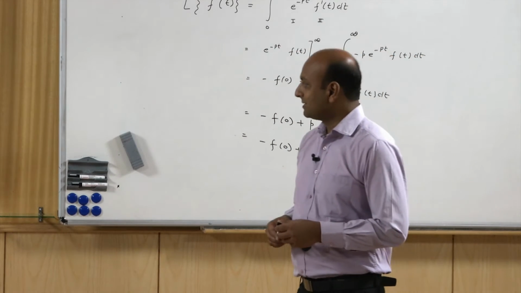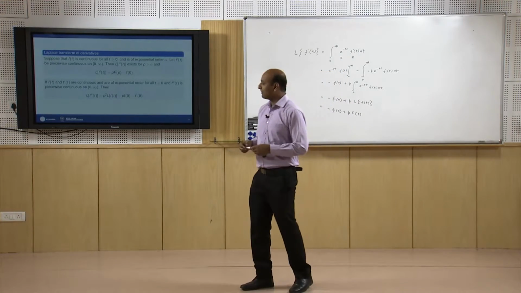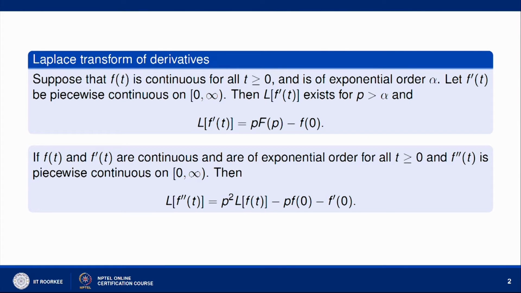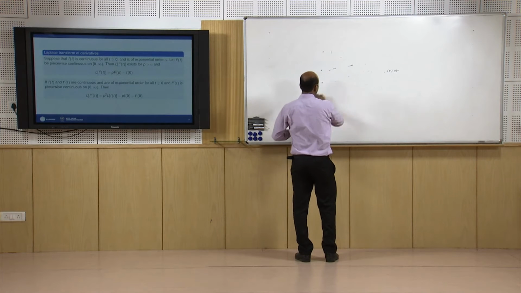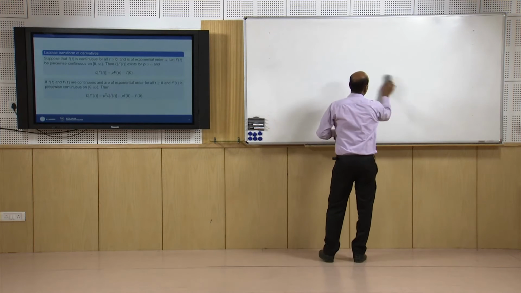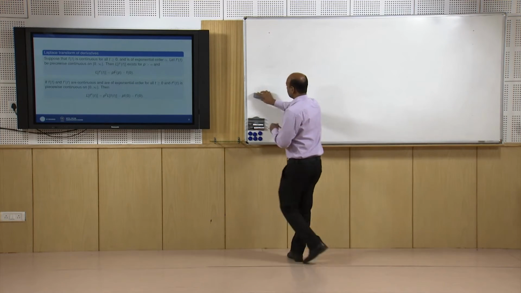Now, on the same lines, if f(t) and f'(t) are continuous and of exponential order, and f''(t) is piecewise continuous, then Laplace of f''(t) is given by this expression. This we can also prove, and it is very easy to prove once we have obtained the result for f'(t).